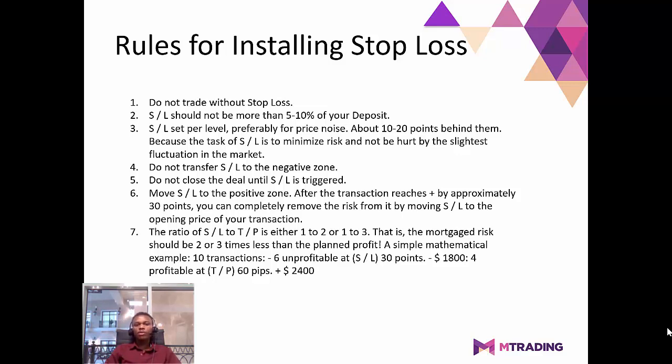Because the task of stop loss is to minimize risk, not to be hurt by the slightest fluctuation in the market. So the closer you put it next to this price noise, the higher the risk of being caught by the price movement.